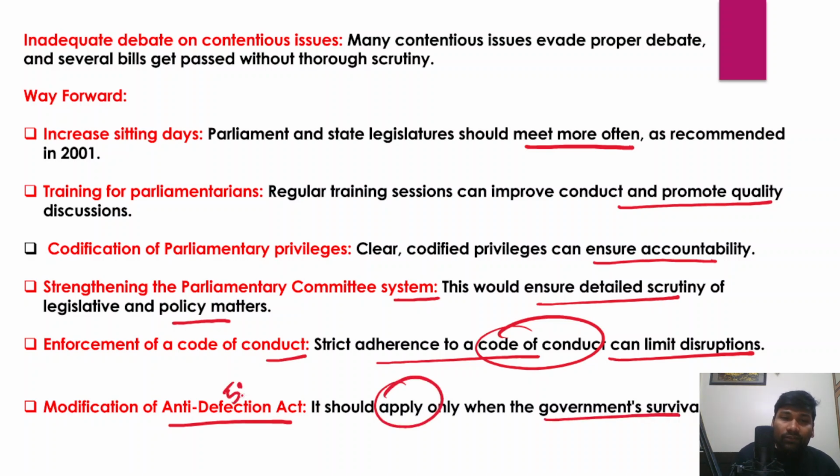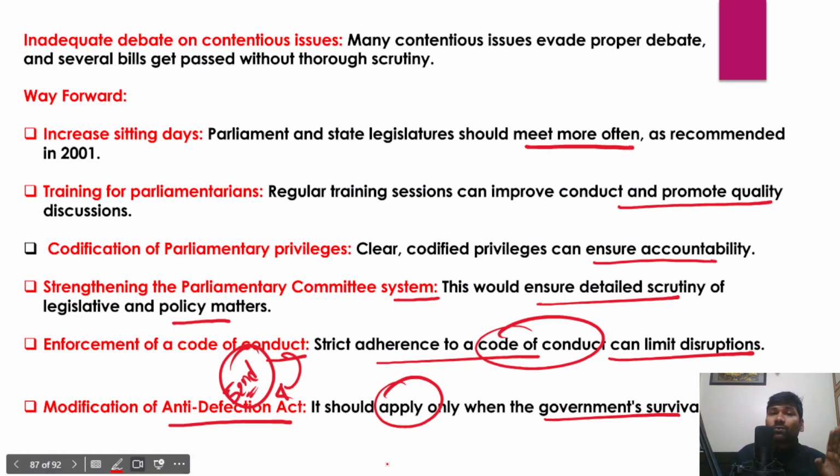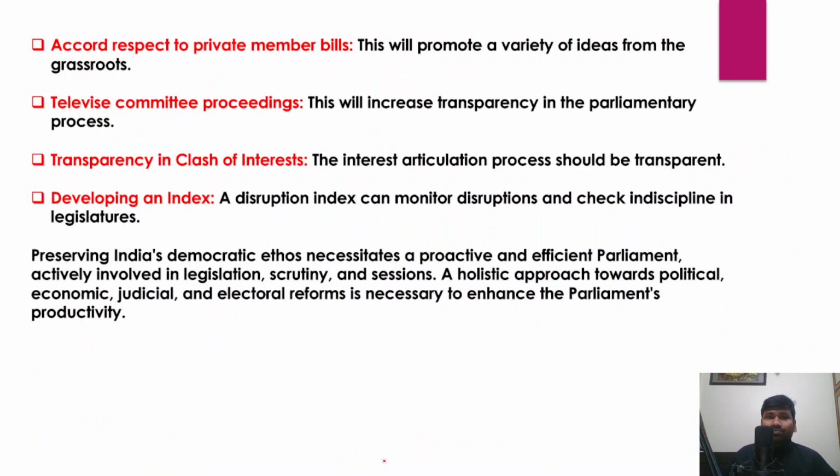Remember that the 52nd Constitutional Amendment Act brought in the anti-defection law to prevent political corruption, horse trading and the political defection of members from one political party to another. We will later discuss the anti-defection law.